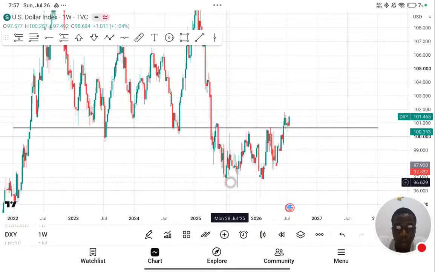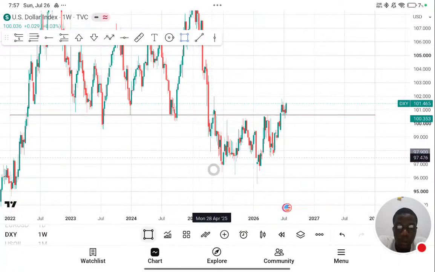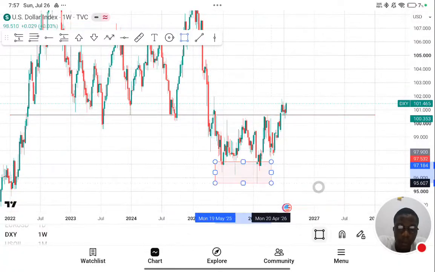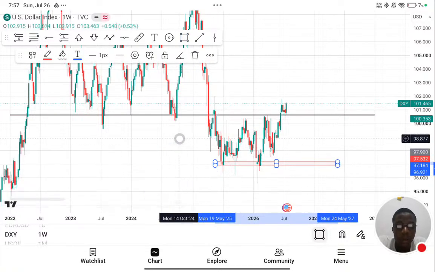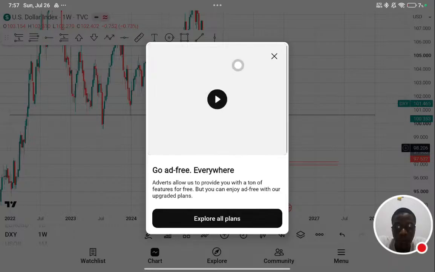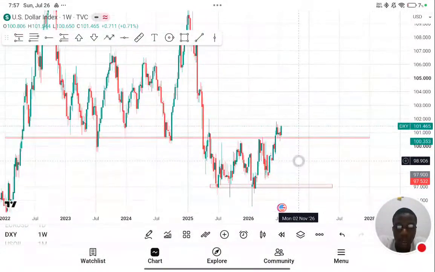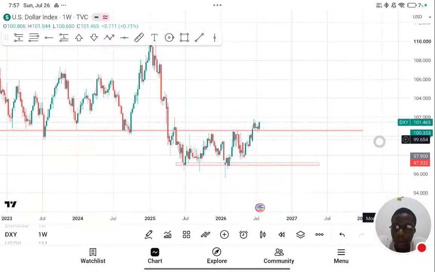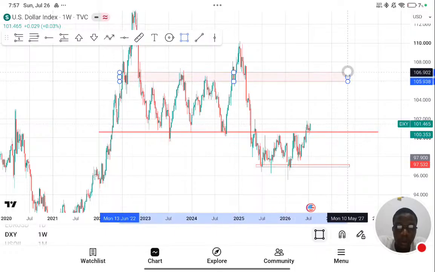The test came, but it didn't make a new low, neither did it make a new high. So it ranged here for some months, and then price found its way, and now it's back above this resistance. So it means the next level would be price coming to this level.